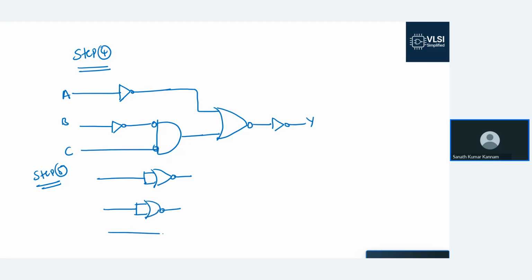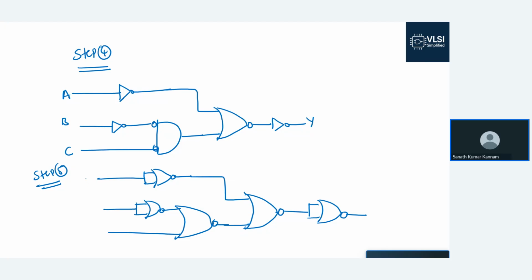This is one NOR gate, and the bubbled one you can represent as a NOR gate, and here one more NOR gate, and here the inputs are tied together, and this is NOR. All are NOR gates only. So this is A, and this is B, and this is C. This one is A bar, and this is B bar, and this is C.